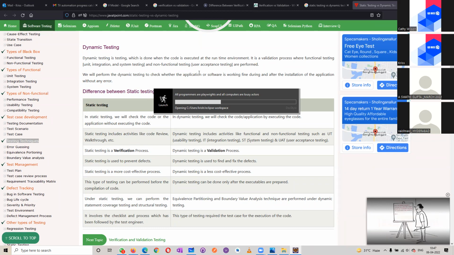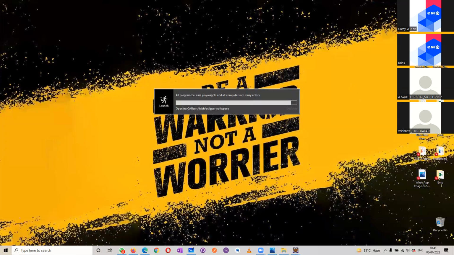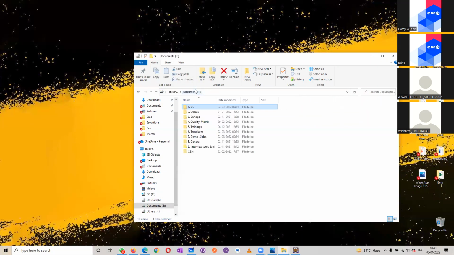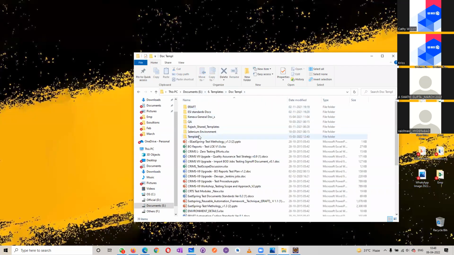Now there would be certain code review checklists, whether they are following the basic standards. For example, how the basic standards would be defined is the standards.